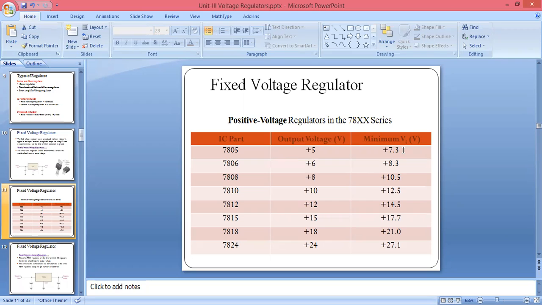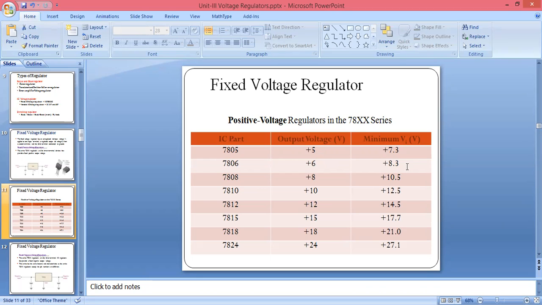So here we can say if we are having the IC 7805, that is a fixed voltage regulator, so it can convert unregulated DC voltage 7.3 into a constant DC voltage of a positive 5 volt.